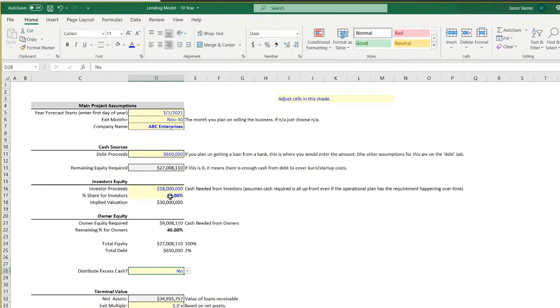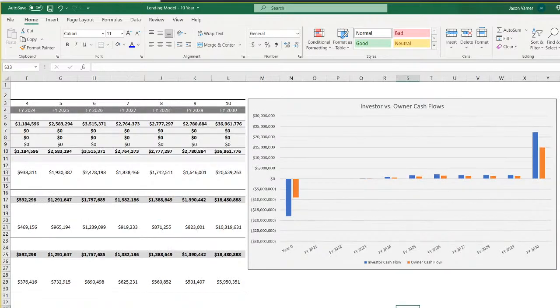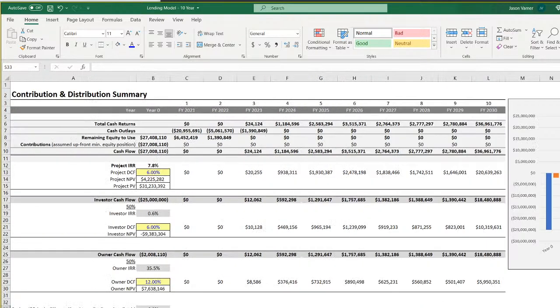So if I said the investors are giving 18 million of this, let's say they give 25 million, and I'm going to give them only 50%. And then the owners have to come up with the other 2 million, but they're operating the whole business. So then you see the numbers differ.